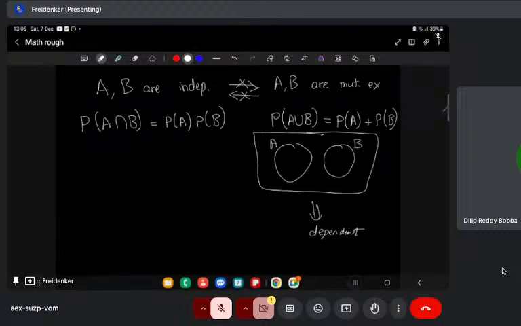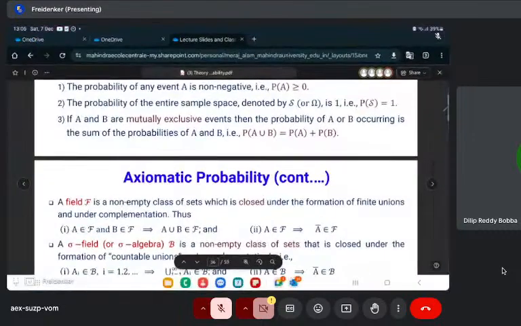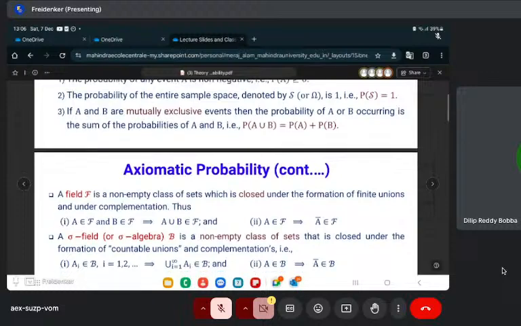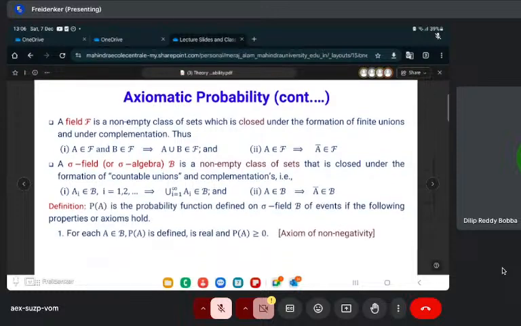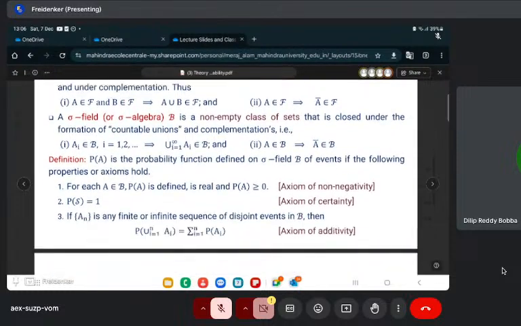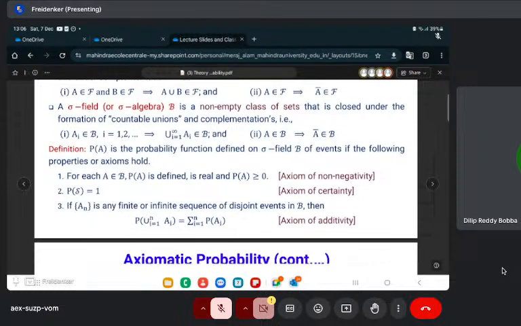Fine. So three axioms. Axiom of non-negativity, axiom of unity, I don't know, sum is one. I mean total probability is one. And then we have the mutually exclusive thing. Axiom of non-negativity, axiom of certainty, axiom of additivity.